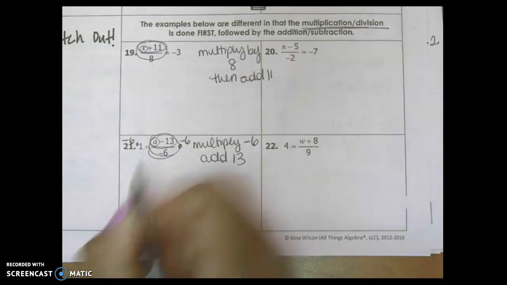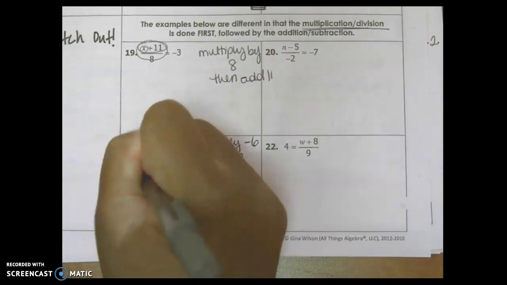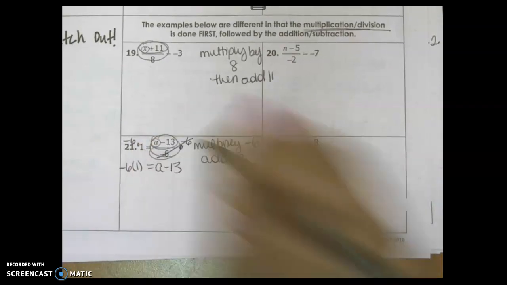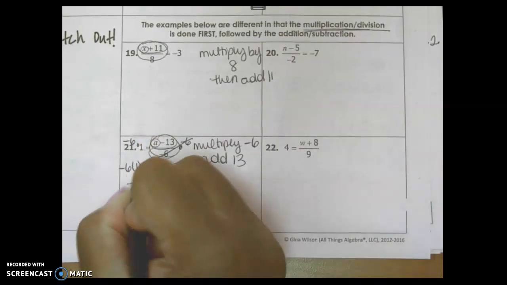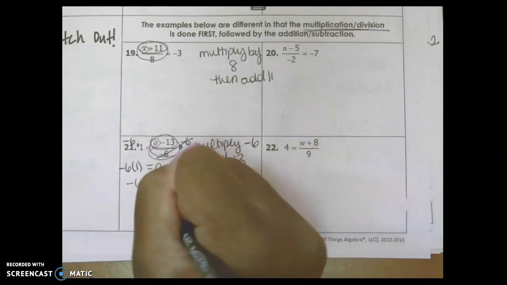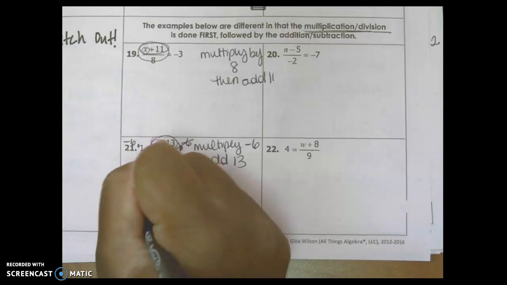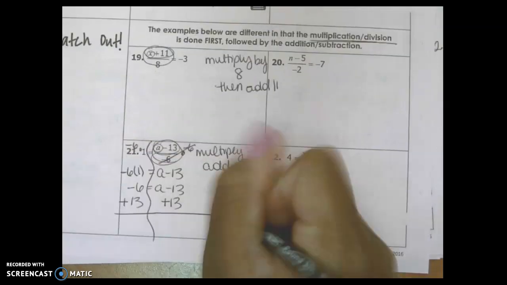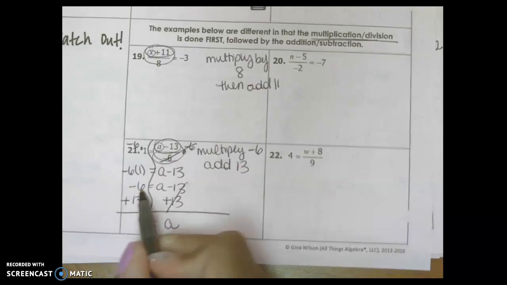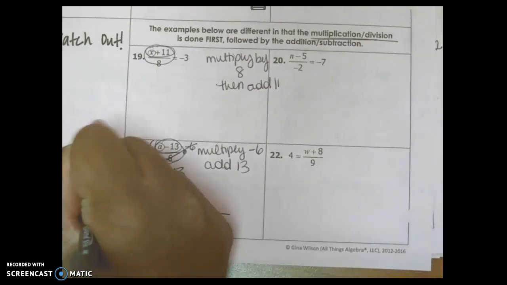Negative 6 times 1 equals a minus 13, because these 6's cancel out. This is negative 6 equals a minus 13. So I have to add 13 to both sides. These 13's cancel out. A equals negative 6 plus 13.